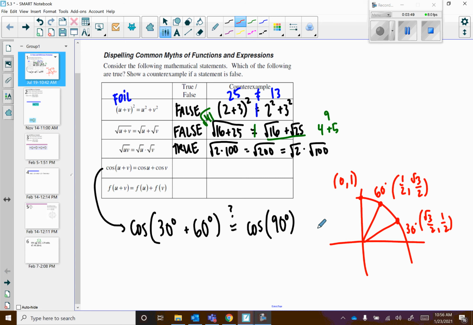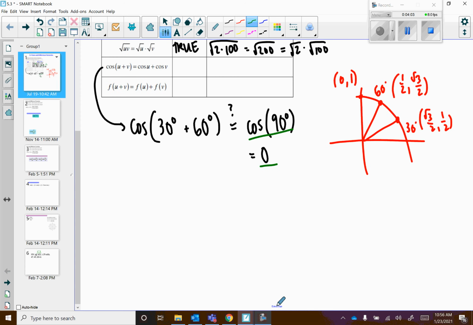So cosine of 90 degrees, right up here, sine is y, cosine is x, is 0. Cosine of 90 is 0. And then let's compare that to cosine of 30 degrees plus cosine of 60 degrees. Cosine of 30 degrees is square root of 3 over 2.